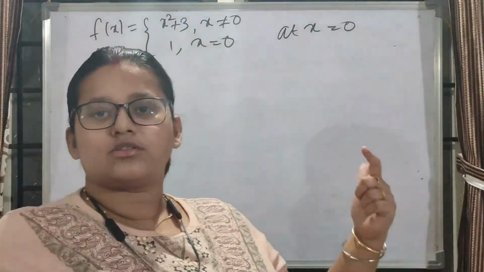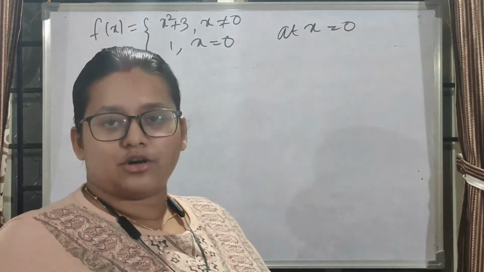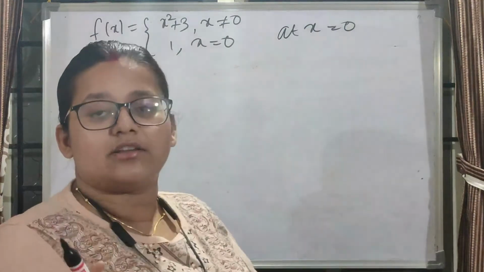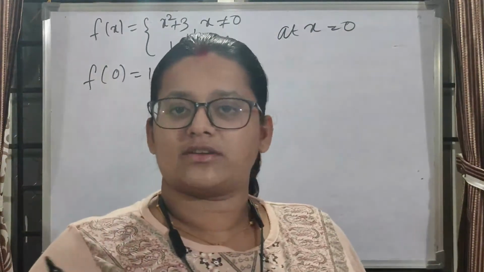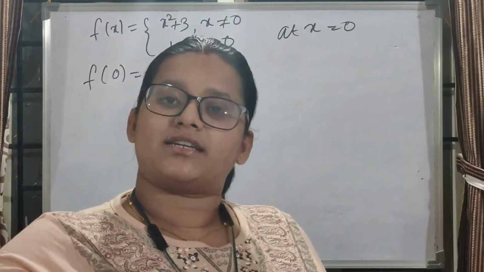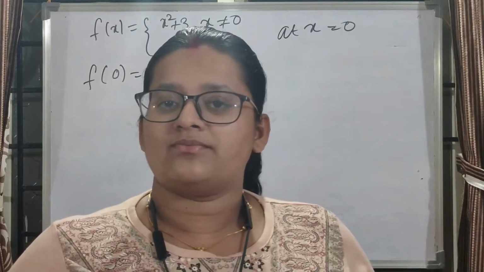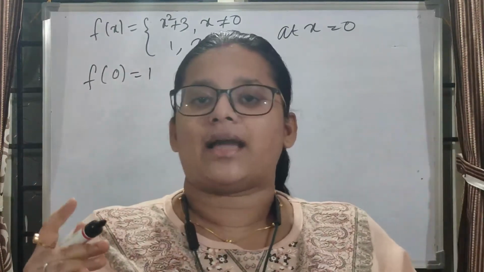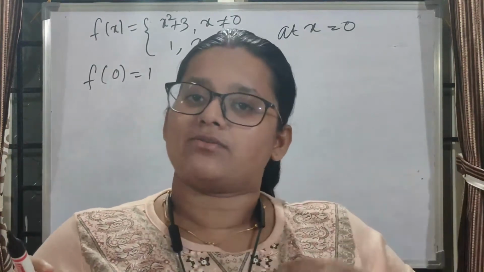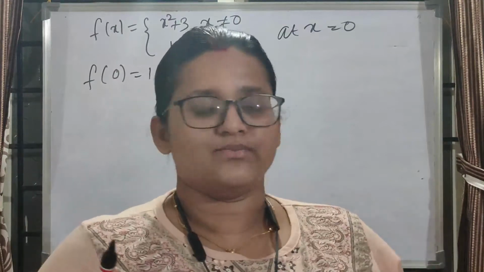Here there is no need to check the left hand limit and right hand limit separately, because for x not equal to 0, the function value is the same. Whether x is greater than 0 or x is less than 0, the function will be the same. So if we calculate both limits separately, whatever value comes, the same value will come if we do only the limiting value.